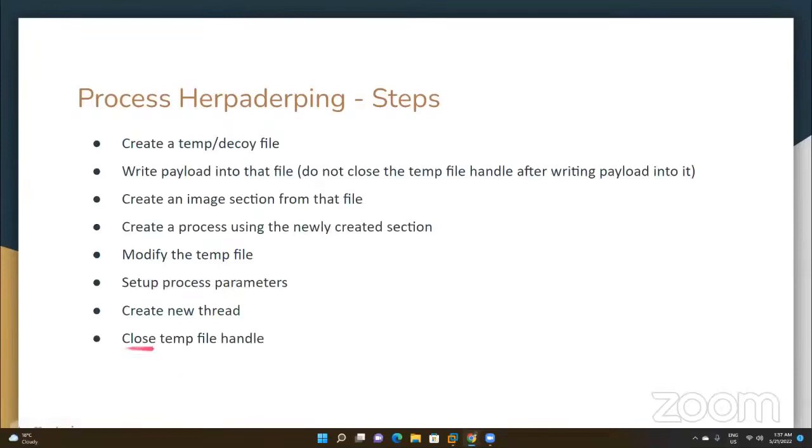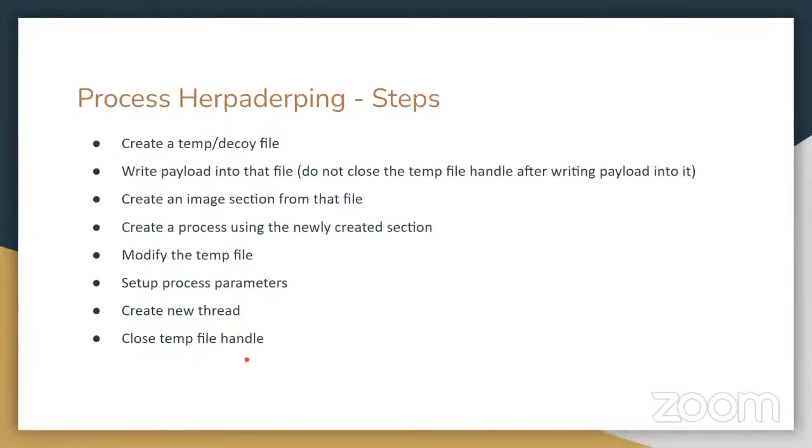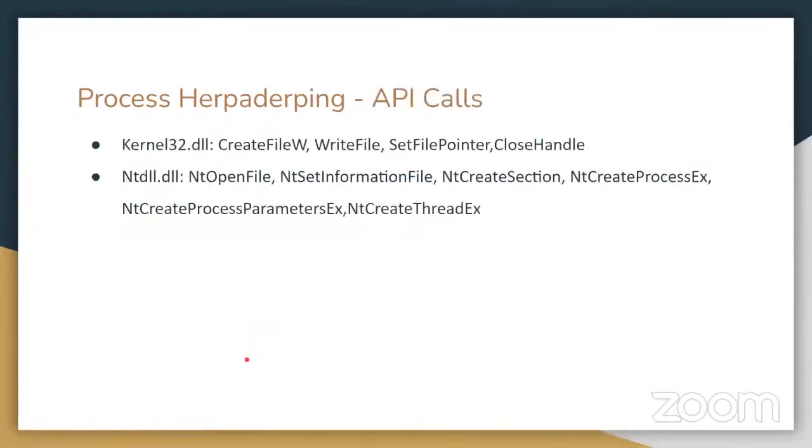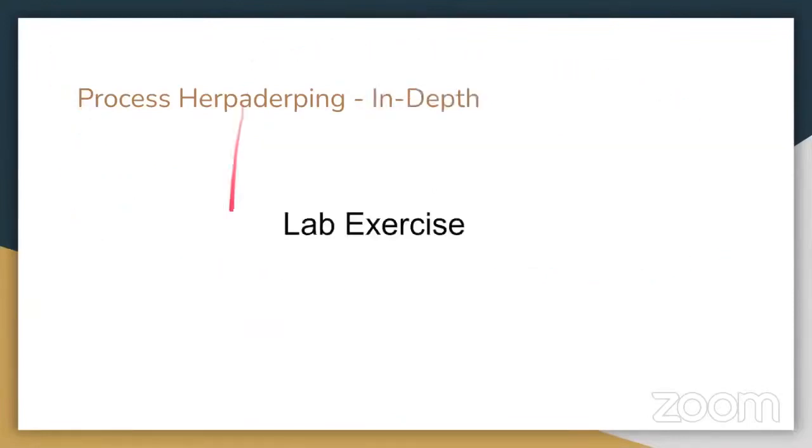So this is why it is important to close the file handle after creating the thread. This will evade most of the security products. These are all the API calls for the process hyperdumping. So let's move into the lab for this one.